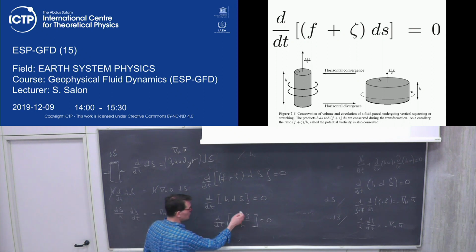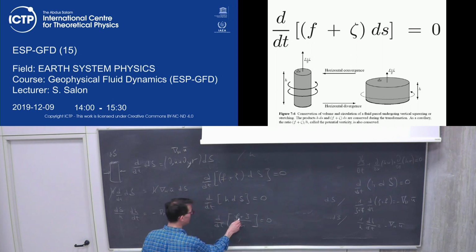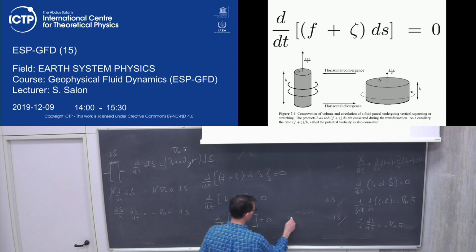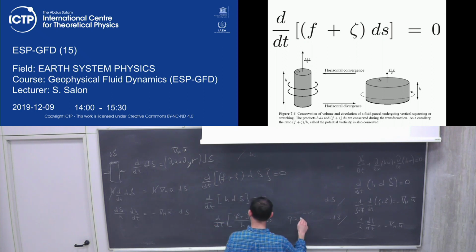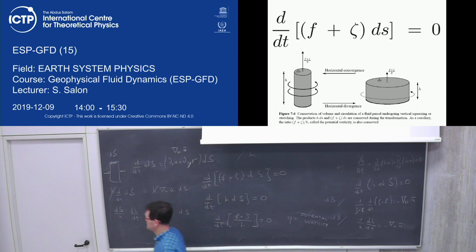So this new quantity here, f plus zeta over h, is called Q and is known as potential vorticity.